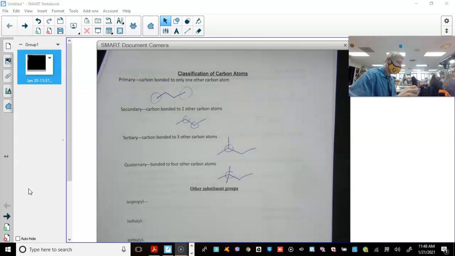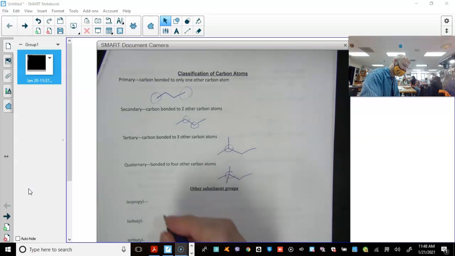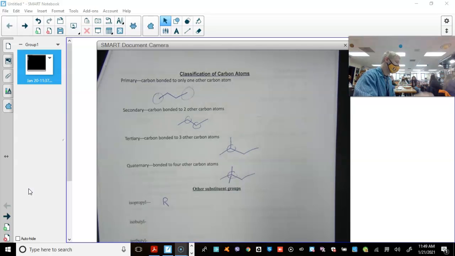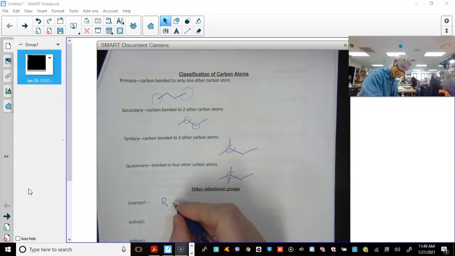All right, then we got isopropyl. So this is kind of slang. You might have heard it in isopropyl alcohol. It's just another way of saying it, and I'm going to write it. R is just everything else. So it could be like an ethane, it could be a propane, it could be a cyclohexane. R is just a carbon group.